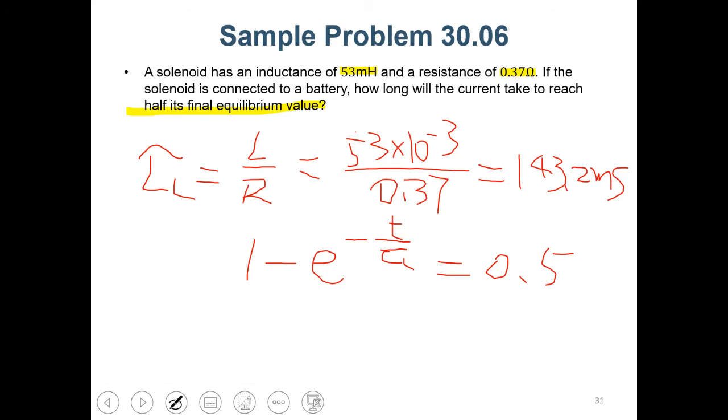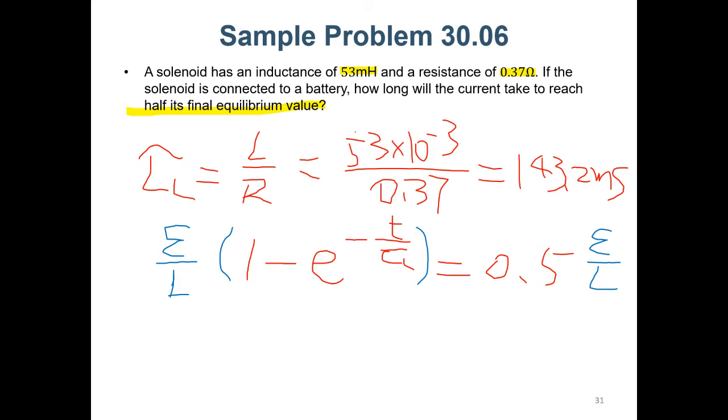We can write the whole thing this way, because it mentioned that it reached half of its final equilibrium, which means the final equilibrium is E over R, and at this point it should be 0.5 E over R. But actually we don't need this, they can be cancelled, so finally it should be like that.